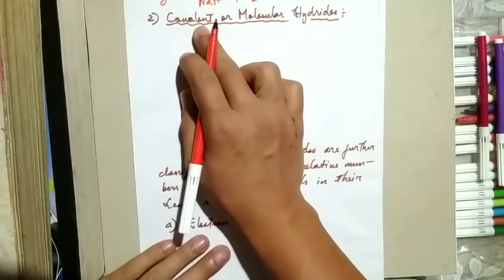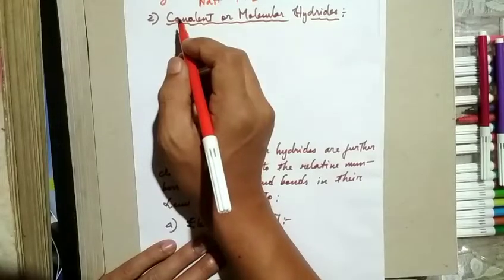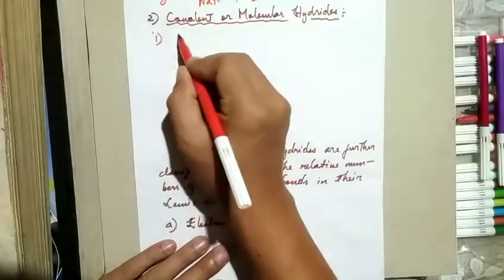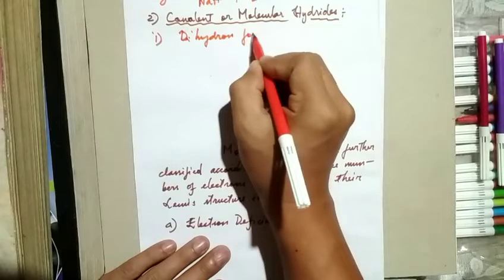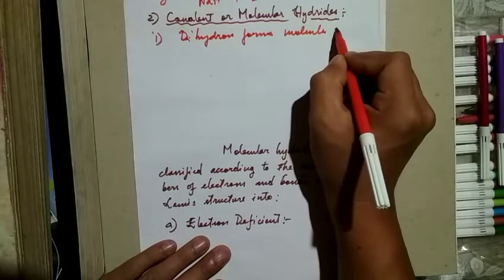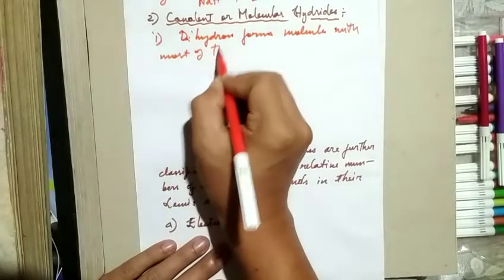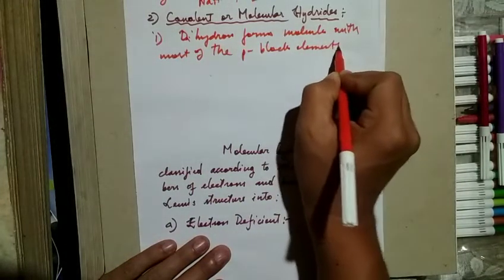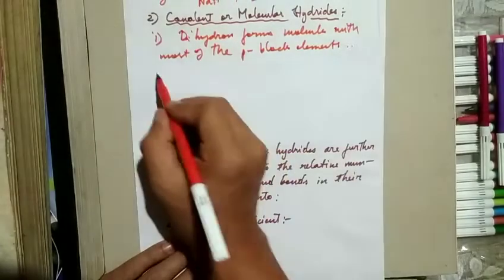Dihydrogen forms molecules with most of the p-block elements to give covalent or molecular hydrides.